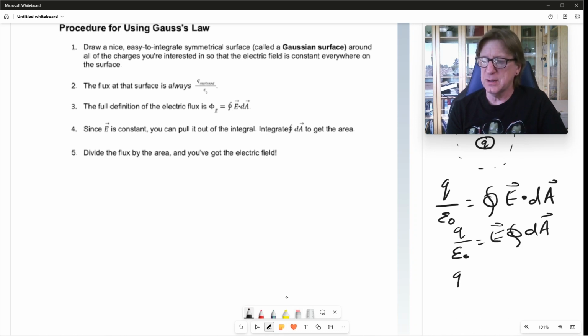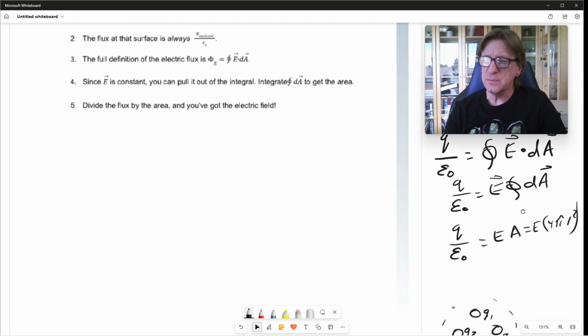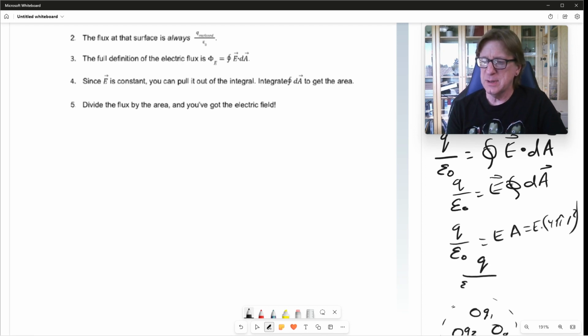And so I get Q over epsilon naught equals EA, which equals E 4 pi R squared. So to get the electric field, all I have to do is divide that out. And so I get E equals Q over epsilon naught 4 pi R squared.